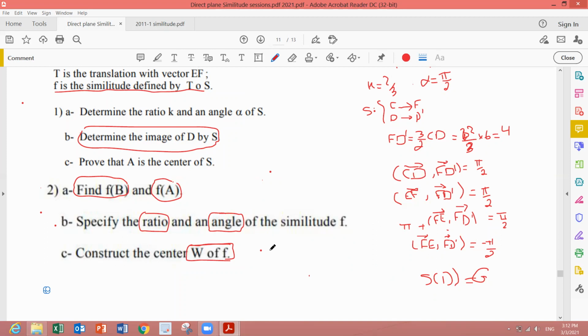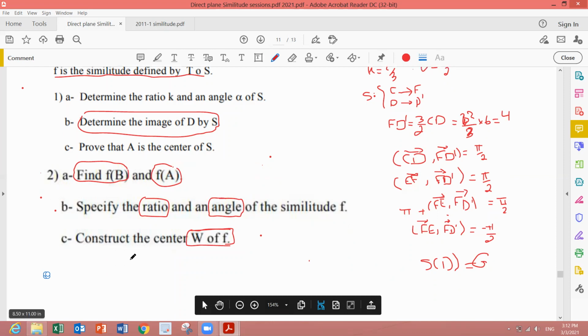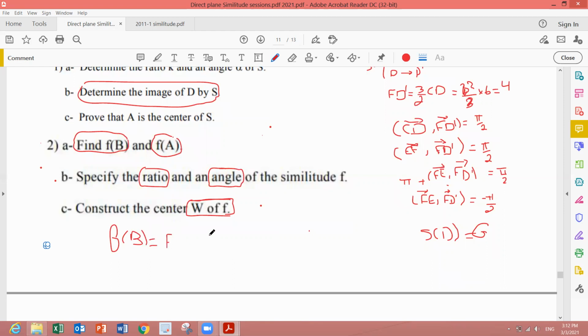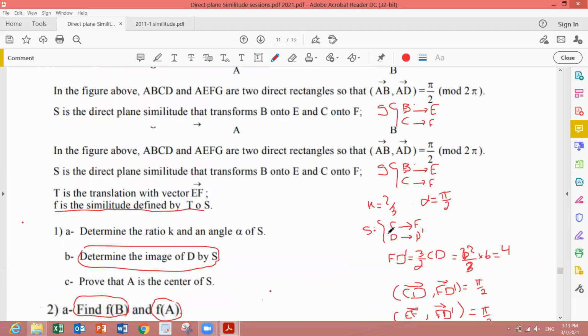We take the image of B. F of B equals F. It means that the angle WBWF equals 90, so W belongs to the circle C of diameter BF.